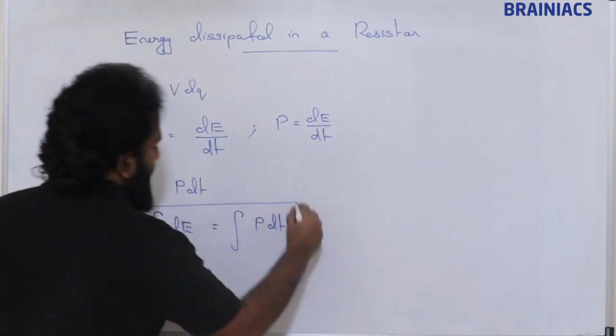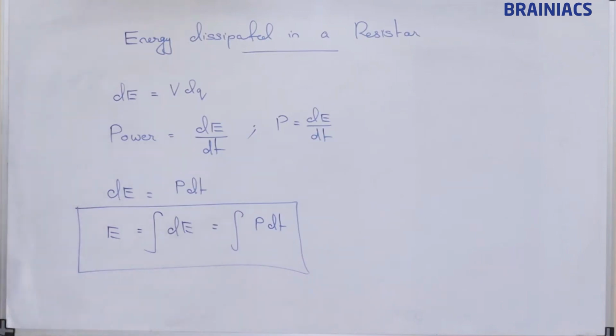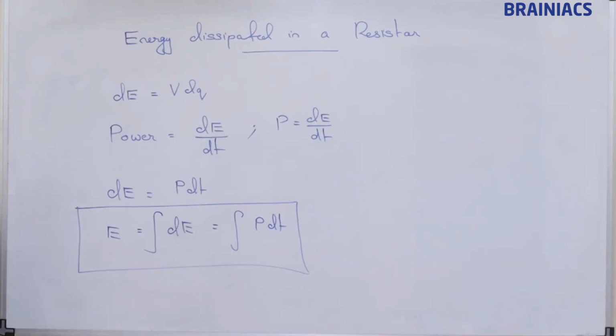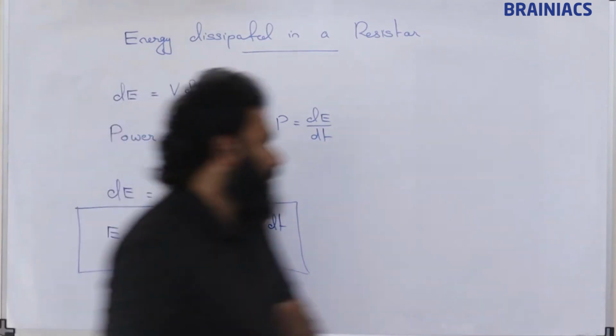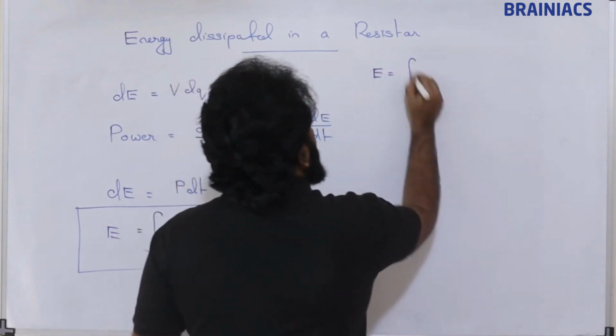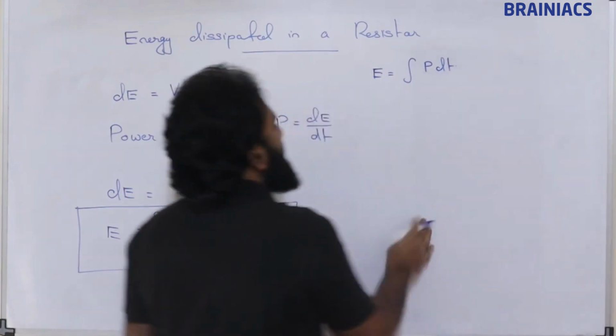I square RT, V square by R into T, that also will be coming from here, but need not be always true. So note it down. E is equal to integral P dt.